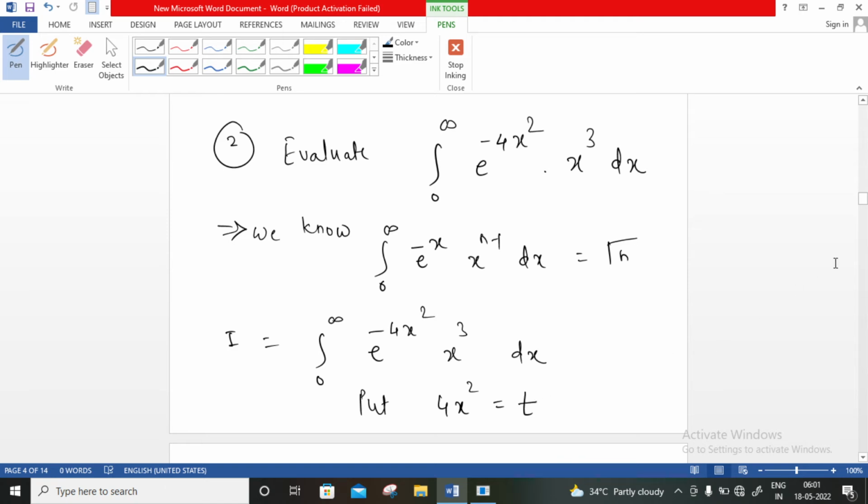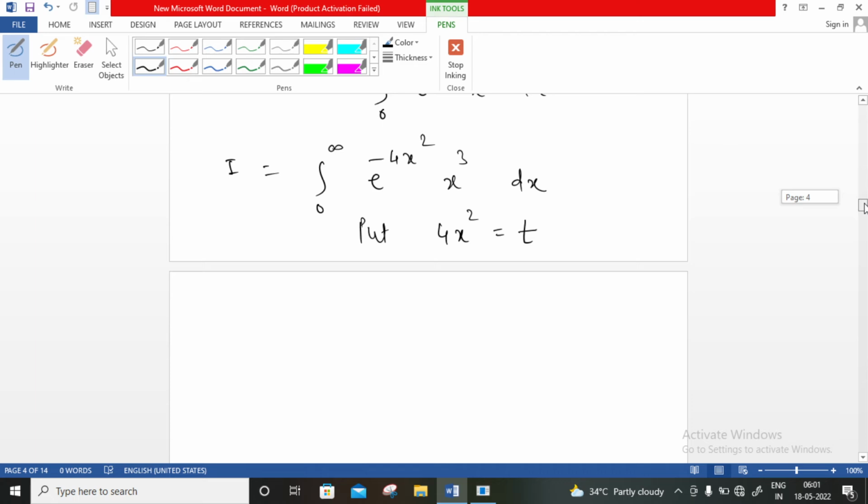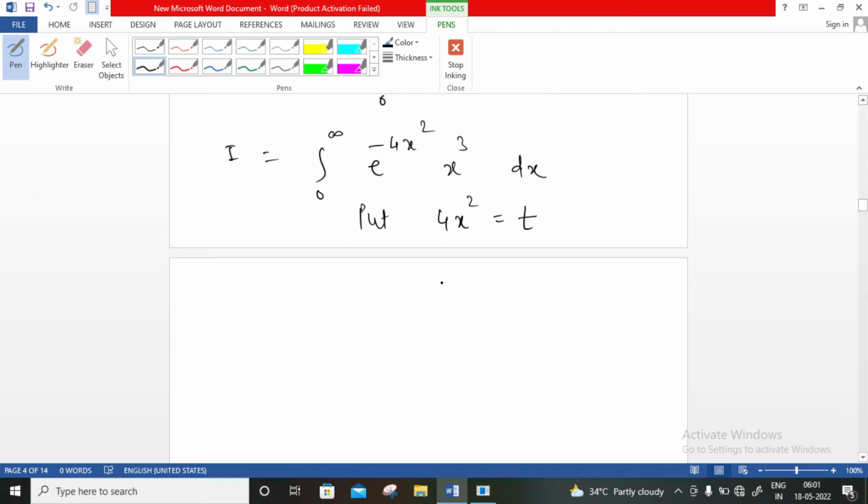So you put 4x square is equal to t. So x square becomes t by 4. Now x is equal to, taking square root on both sides, t raised to half divided by 4 raised to half, that is square root of 4, which is 2.